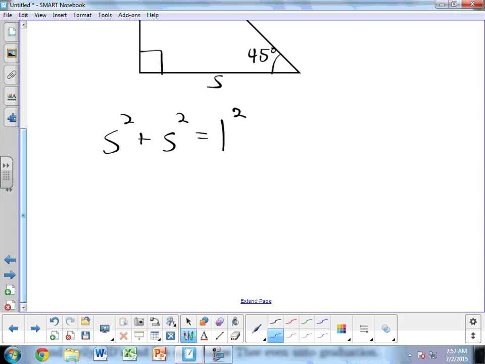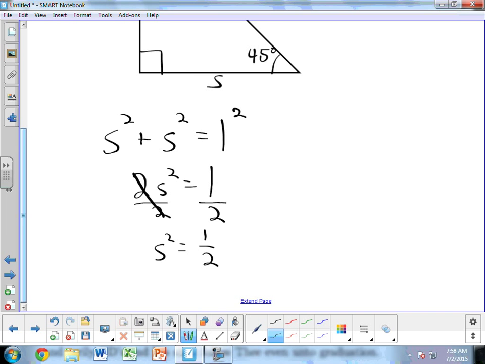So we need only one equation to solve for this one variable. In doing so, I end with 2s squared equals 1, just combining like terms and squaring the 1. If I then divide both sides by 2, these 2's cancel out, and s squared ends up equaling 1/2.